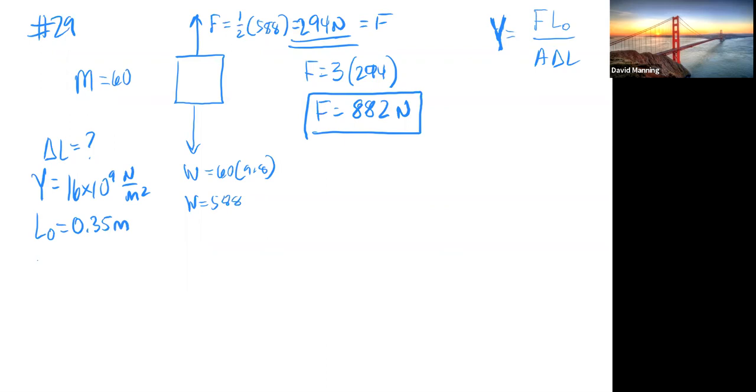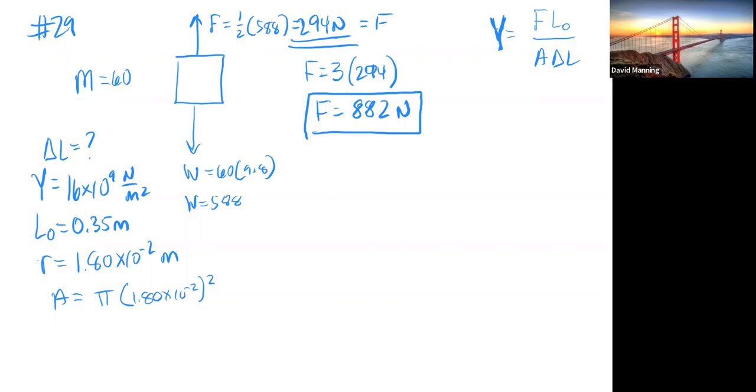And did they give us the radius? Yeah, they give us the radius this time. That makes things nice. 1.80 times 10 to the minus second meters. I'll just convert that right off the bat. So the area then will be pi times 1.80 times 10 to the minus second squared.